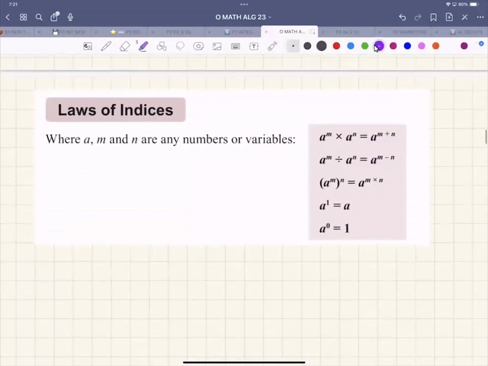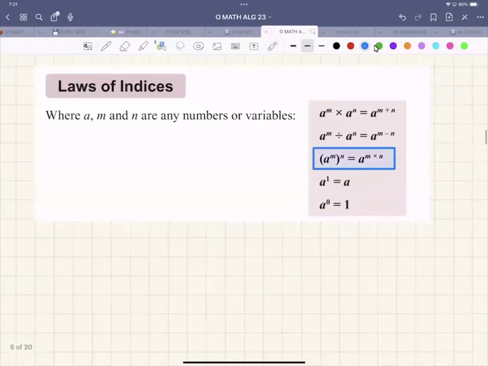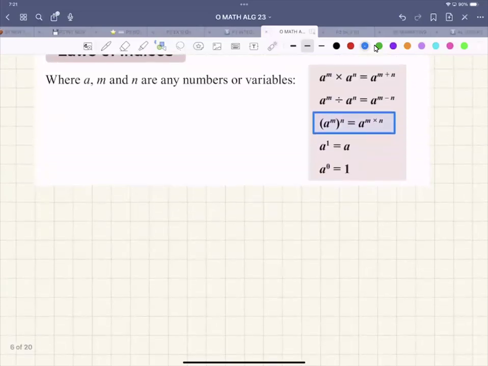So now let me focus on this rule that is right over here. (a^m)^n is a^(m into n). The powers multiply.